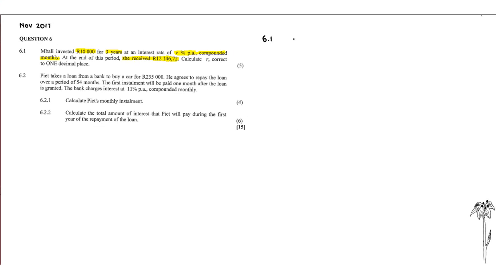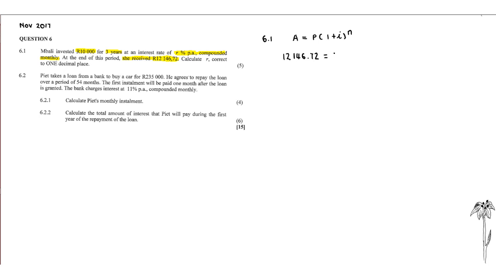Compound interest formula: A equals P(1 plus i) to the n. We know that the amount that she accumulated is 12,146 Rand and 72 cents.